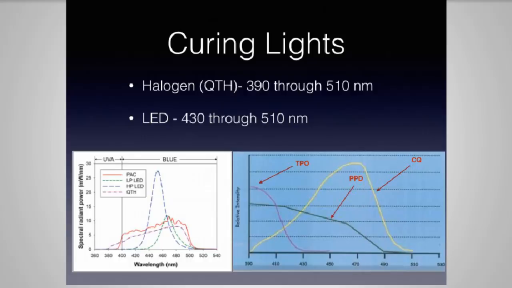And then you compare them to the photoinitiators of TPO, PPD, and CQ, and you see that we can, with the wrong type of light and the wrong type of photoinitiator, have difficulties in initiating the chemical cure of our composites if we're not too careful.